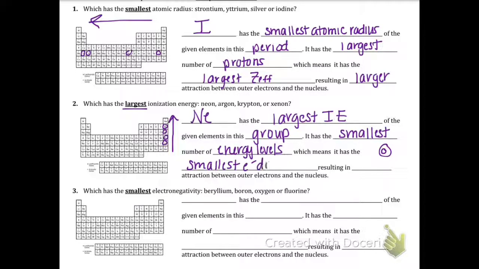The distance from the positive to the negative is very, very small. If that distance is very small, you're physically closer together. That means you have a larger attraction between them.